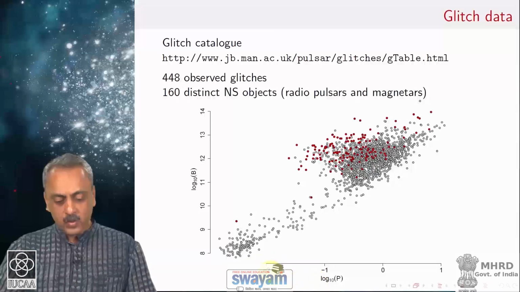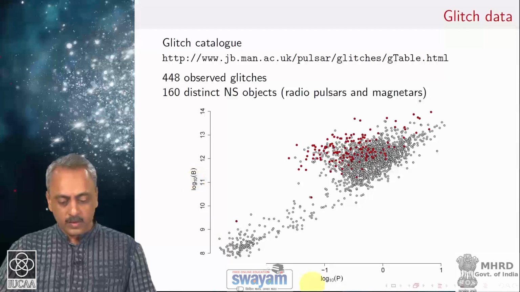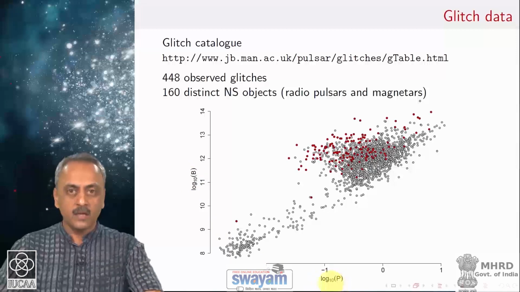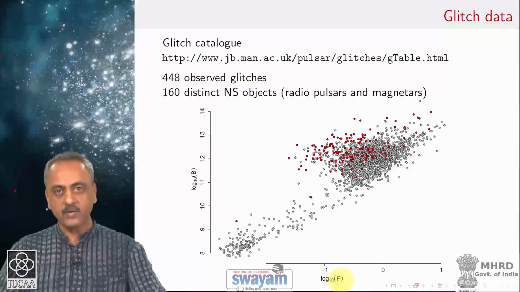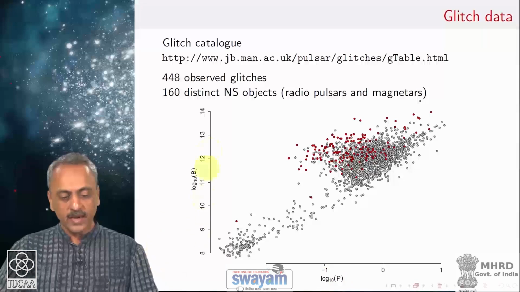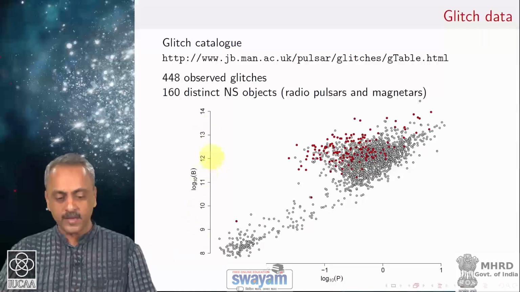The rotation period is an observed or measured quantity based on observations, and the vertical axis represents the surface magnetic field.